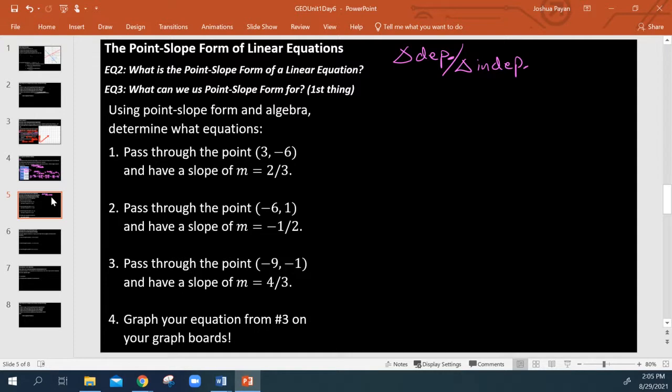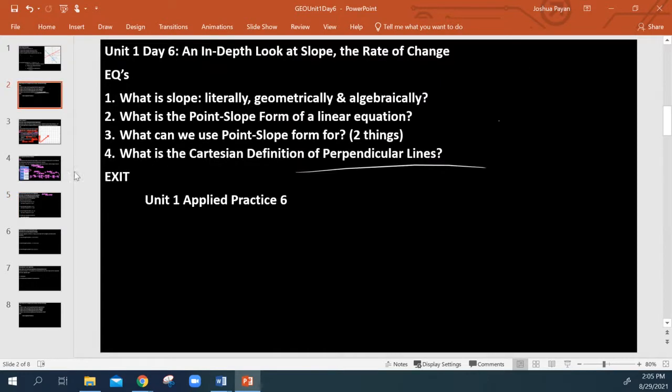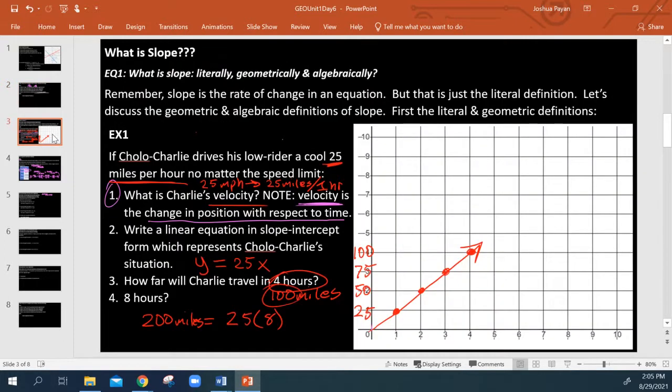Okay, so now let's get into some heavy algebra review. Let me back up here. So what is slope literally? Slope is literally our rate of change. Geometrically speaking, it's our rise over our run, right? So on a graph like this one, delta y was 25 miles per hour every 1 hour, right?